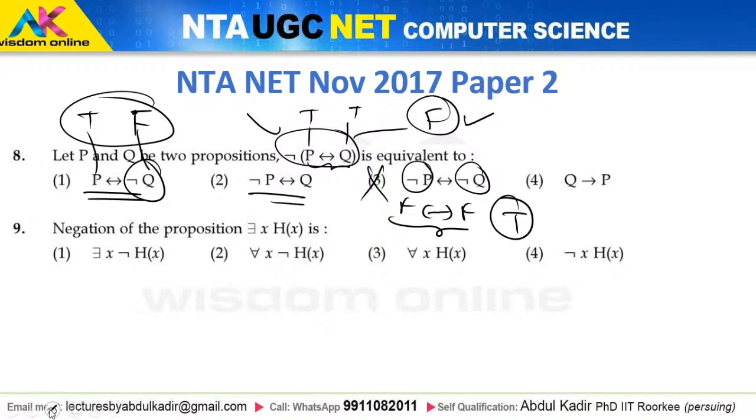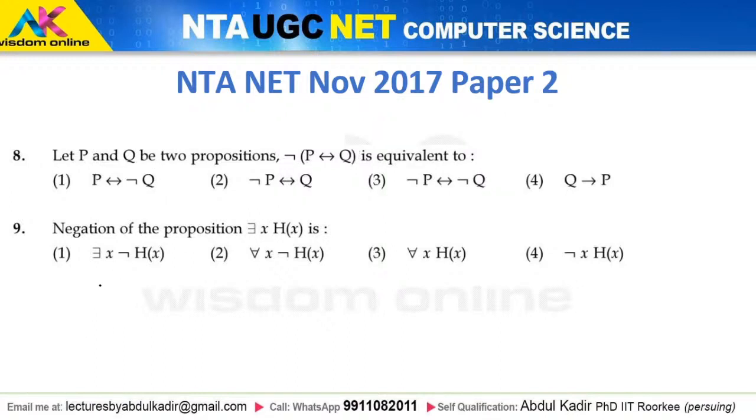Let me also draw this equation. I told you that P double implies Q is the same as P XNOR Q. What is P XNOR Q? It is PQ plus P dash Q dash.